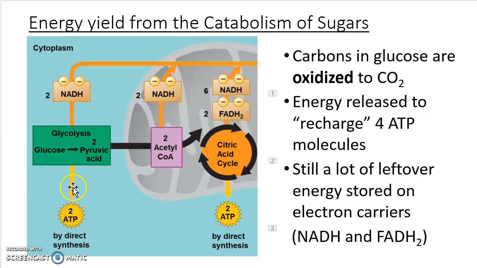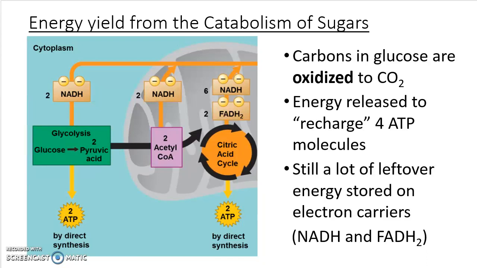The first set of reactions, with glycolysis, we generate 2 ATPs, and then we transfer the leftover carbons into the mitochondria where that acetyl coenzyme A is made. Again, no ATP is made there. And we drop those carbons into our citric acid cycle, where the rest of those carbons are going to get oxidized to CO2. And if we look at this process, the overall amount of energy that's going to be released from our glucose is going to be used to recharge 4 of these ATP molecules.